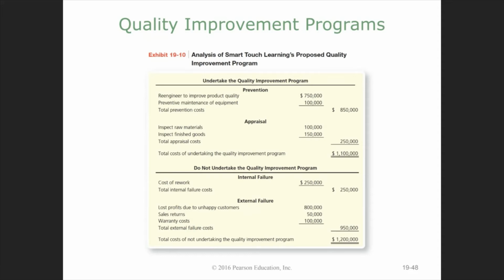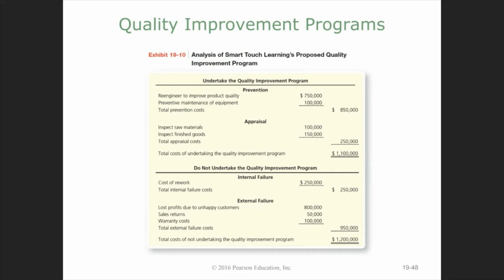So the total cost of undertaking the quality improvement program equals total preventative cost plus total appraisal cost. Write that down. Okay, and so that's going to give us the $1,100,000.